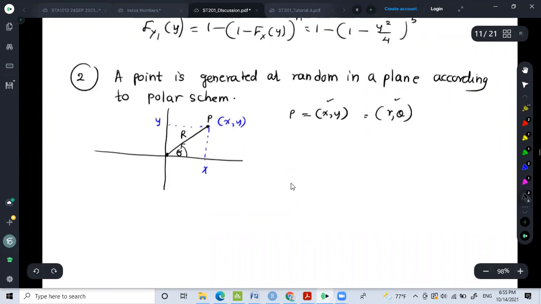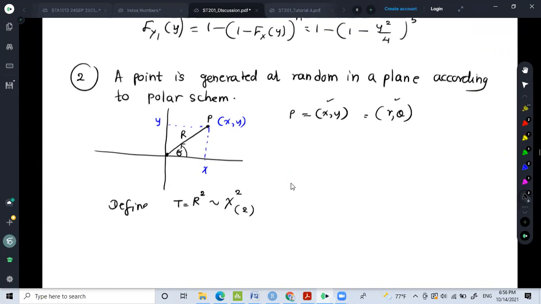So you have these polar coordinates. So you define T to be R square, the square of the radius. Now this follows a chi-square distribution with degrees of freedom 2. And then independently you have the theta.